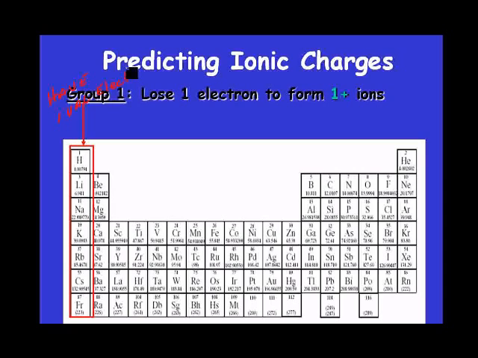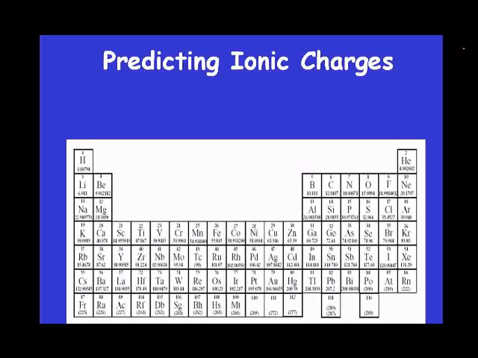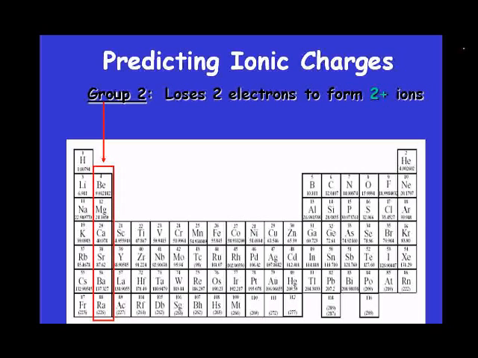Our group 2 elements have 2 valence electrons, and they're still metals. They're the alkaline earth metals. So these are going to want to lose both of the electrons, to form positive 2 ions.